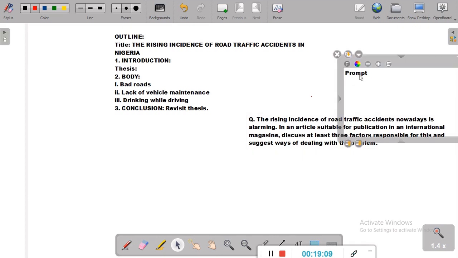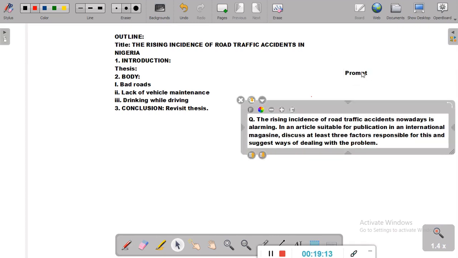Talking about the prompt, how do we get the prompt? The prompt is actually what triggers something, like a foundation upon which something is based.